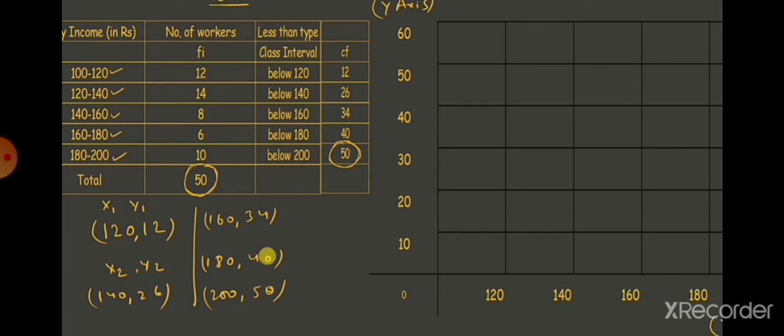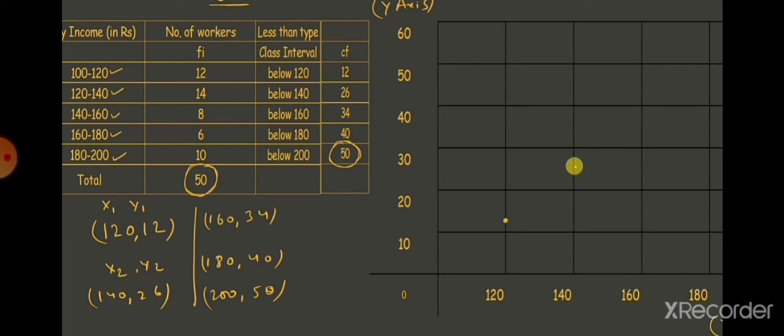These five points we have to plot now on the graph sheet. First, 120 comma 12, plotted between 10 and 12. In the same way, 140 comma 26, which is between 20 and 30, at the sixth line.